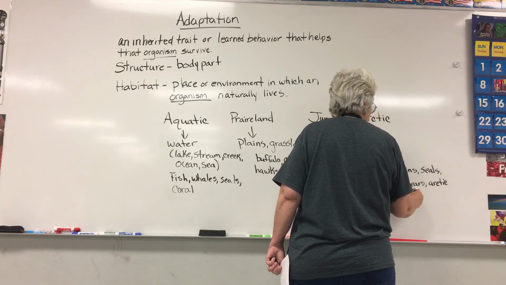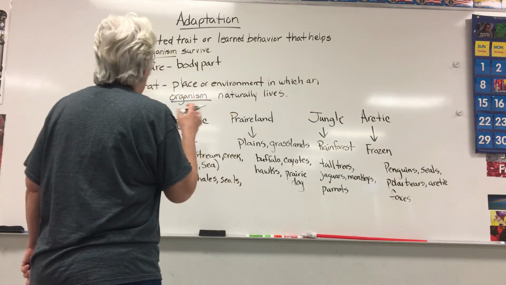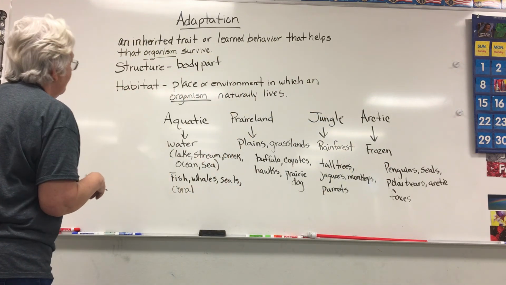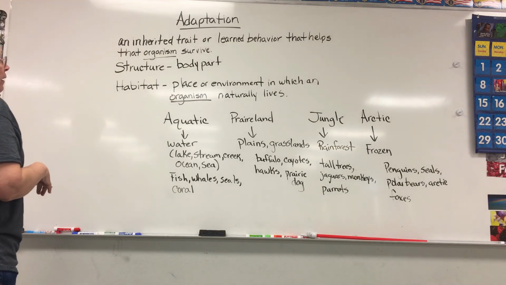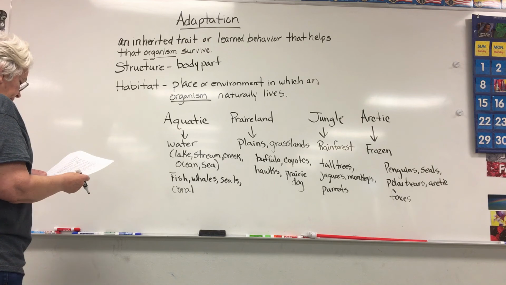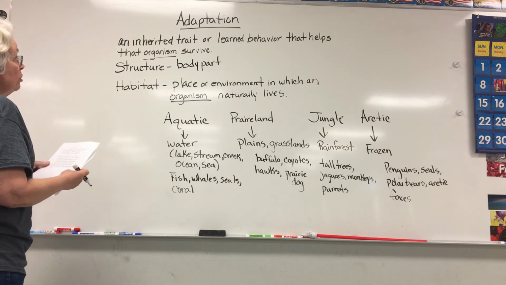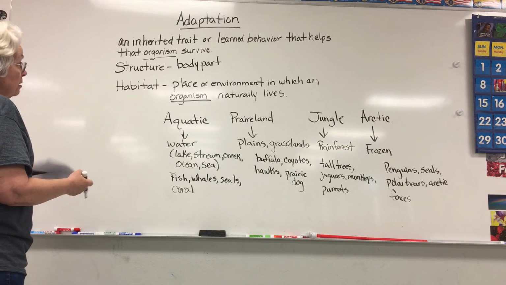Later on, you're going to do an exercise where I'm going to give you some of these animals, and you have to give me a special structure that they have, the habitat that they live in, and the function of that structure. All right, so that's just the beginning of adaptations.